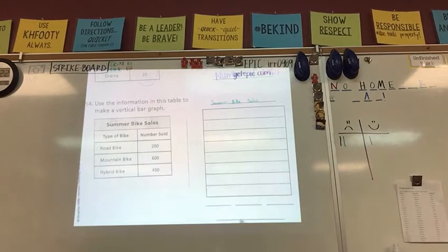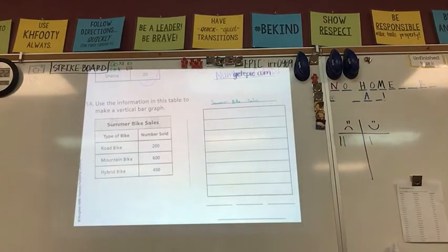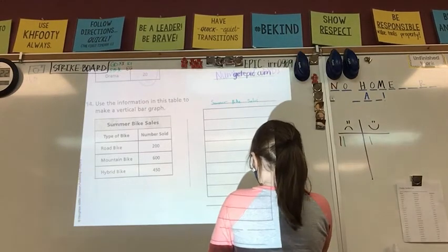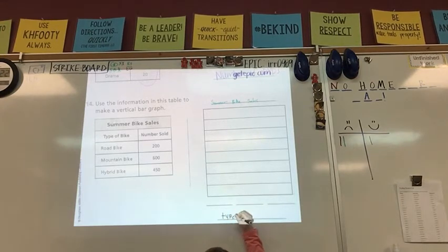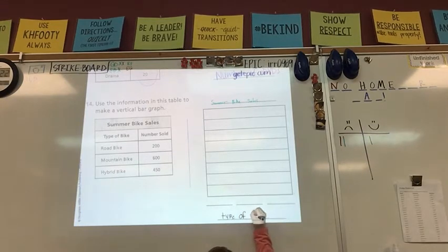Good, so you can put my type of bike label down here. And then I'm looking for somebody to plug in my road, mountain, and hybrid. Riley, you can plug in road. And since it's type of bike, you guys do not need to write bike after each one. We'll literally write road. Who wants to write mountain for me?